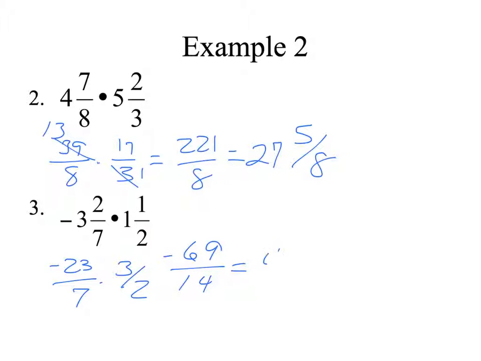Doing the long division again, I get 4 as the whole number out in front. And 13 over 14. Now I bring my negative over, so negative 4 and 13 over 14.